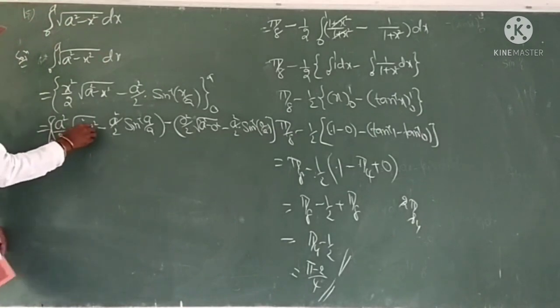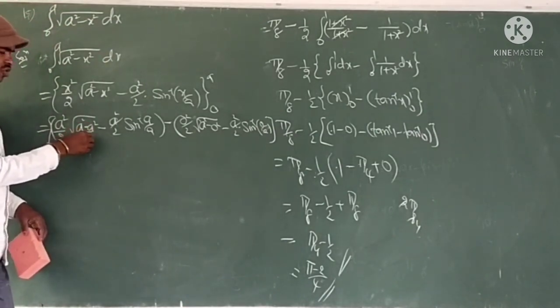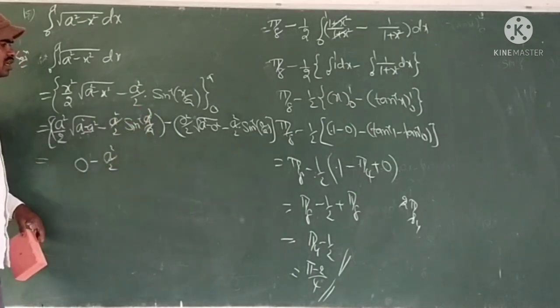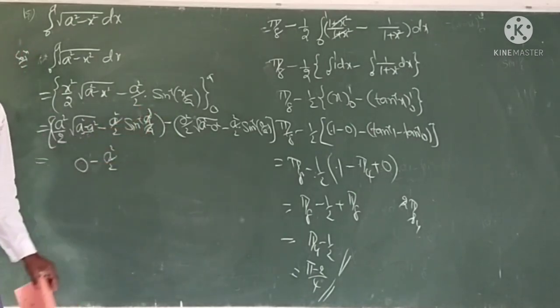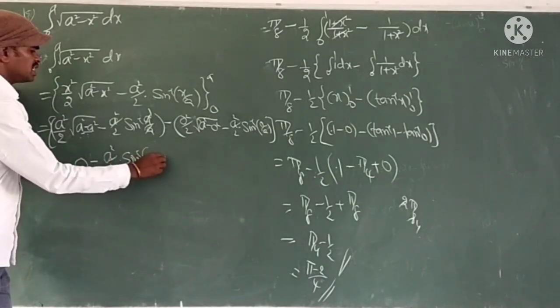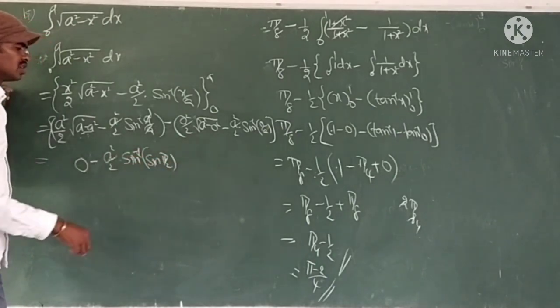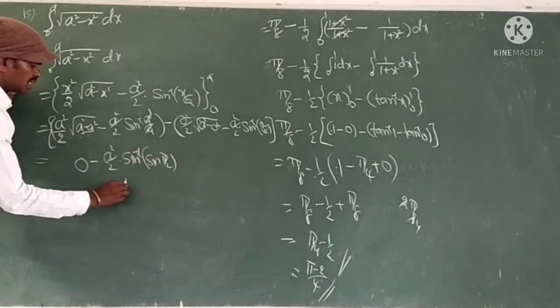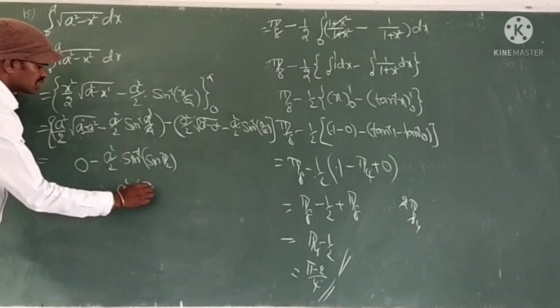So a square minus a square is 0, root 0 is 0, 0 into something is 0. Minus a square by 2, a cancels, so we just get sine inverse 1. Sine inverse 1 in terms of sine is sine 90, so sine inverse cancels. 0 means no need to write, minus a square by 2 into just pi by 2.